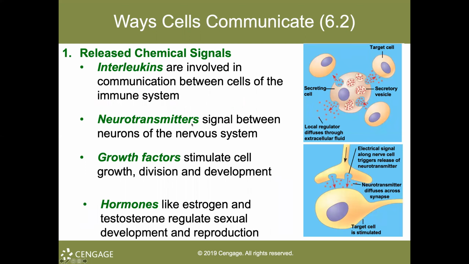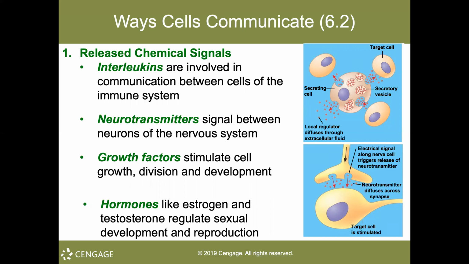So what are some of the different types of signals that are synthesized? Your immune cells will synthesize interleukins. Your neurons will synthesize neurotransmitters. There are specialized cells throughout the body that are going to synthesize growth factors.